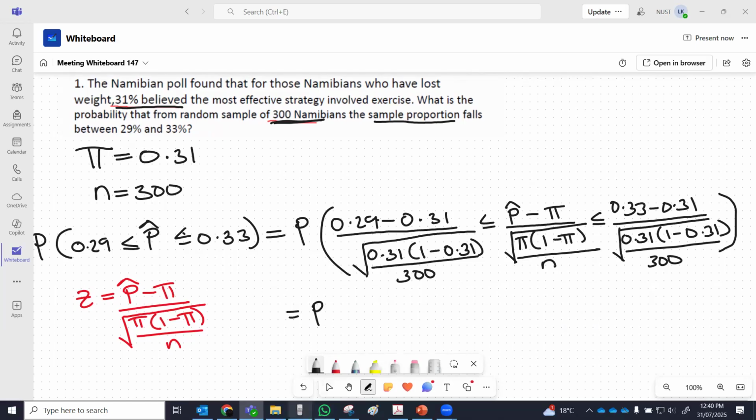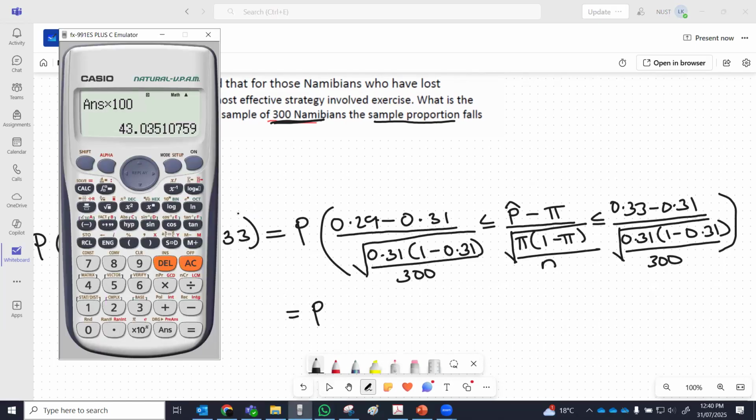So we take our calculators, and I'll start with this one. We have 0.29 minus 0.31 divided by big square root 0.31 multiplied by 1 minus 0.31. Close my brackets, divide by 300, and this gives us negative 0.75.